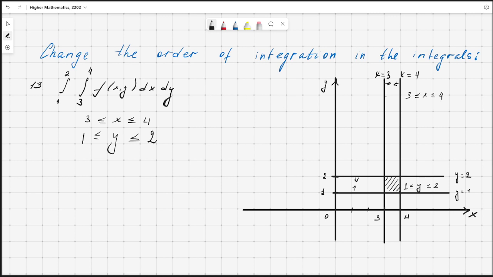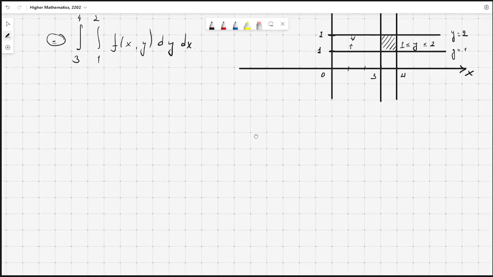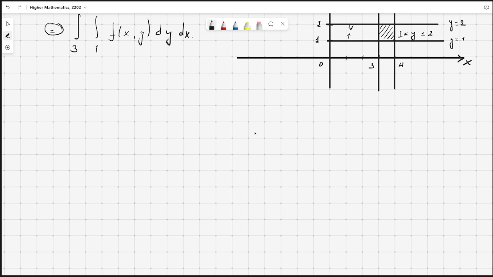It means that our integral we can rewrite as integral from 3 to 4 of integral from 1 to 2 of f of x y dy dx. Do you understand it? Is it clear? Students, clear or not? Yes. Yes.